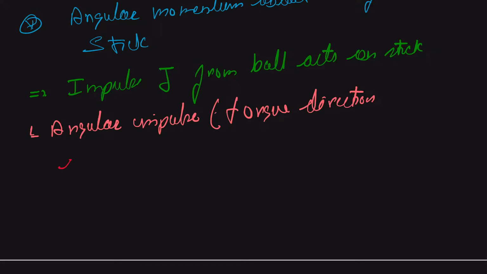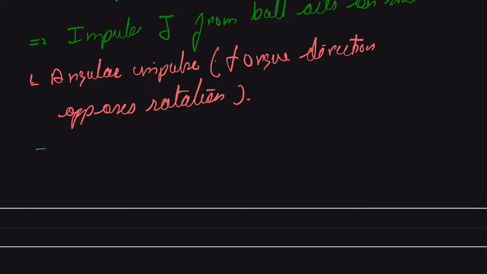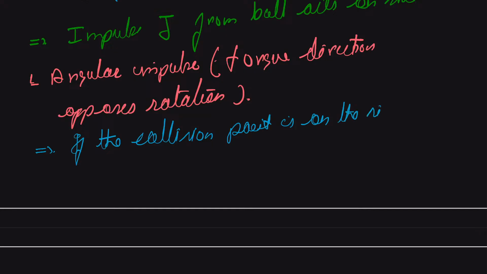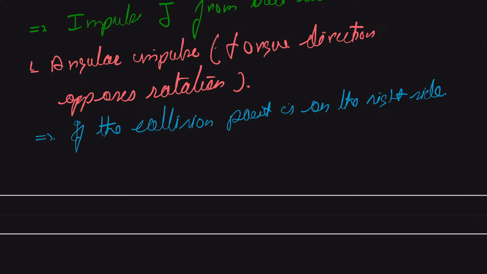So if the collision point is on the right side, as in the figure also, the ball pushes the stick leftward.